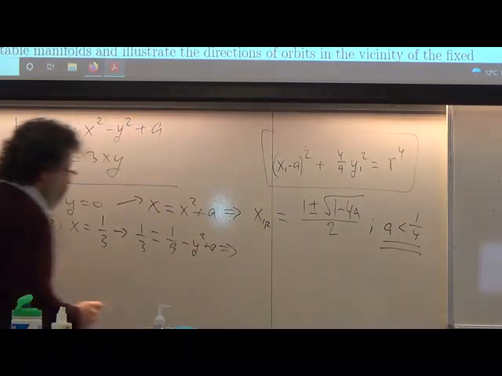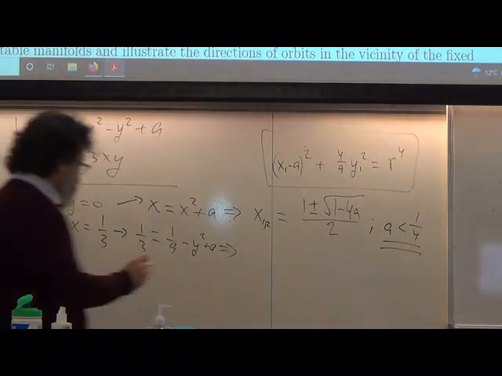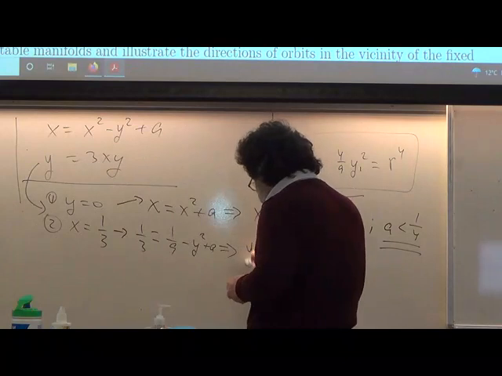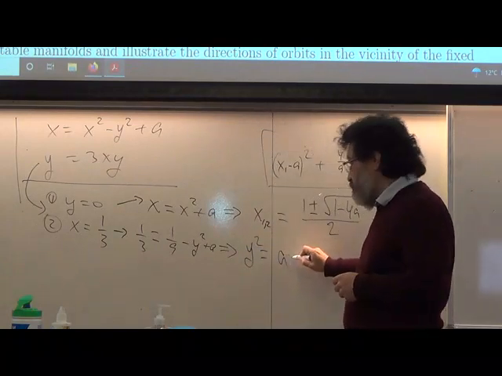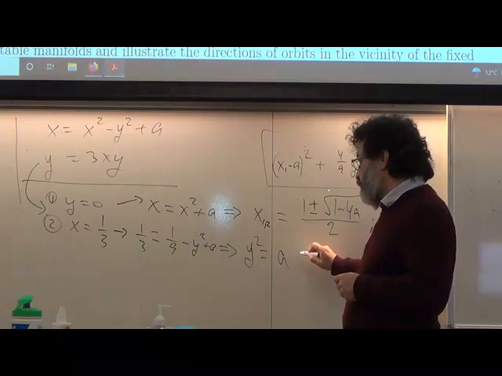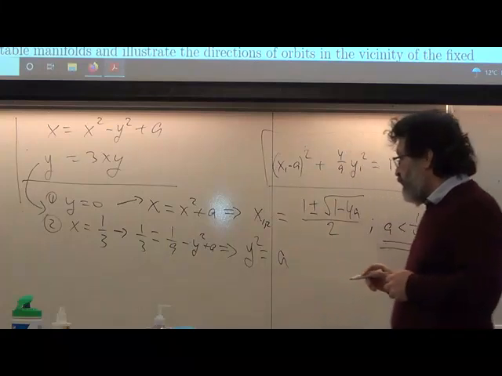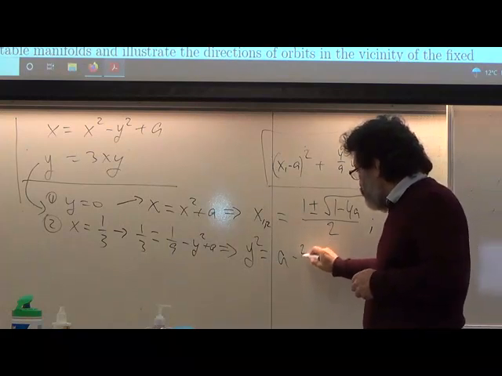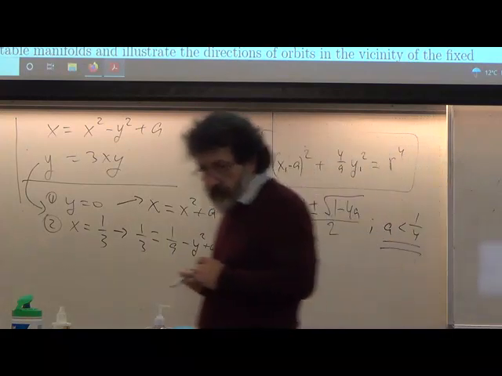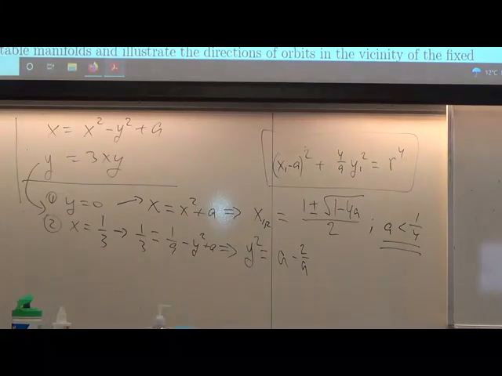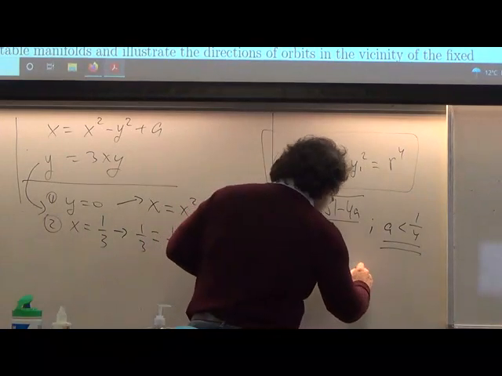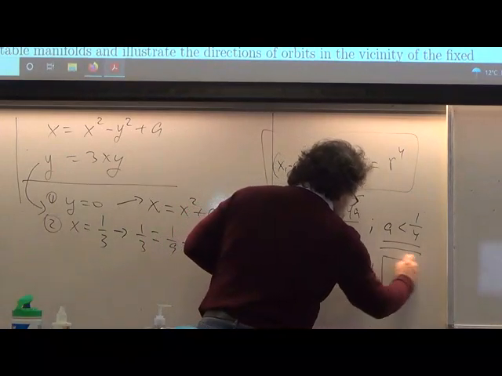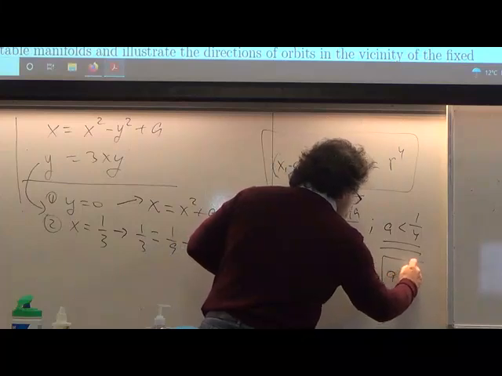And from here we get y squared equals a minus 1 over 3 plus 1 over 9. It's a minus 2 over 9. Am I right? Therefore, y3,4 equals plus minus square root of a minus 2 over 9.